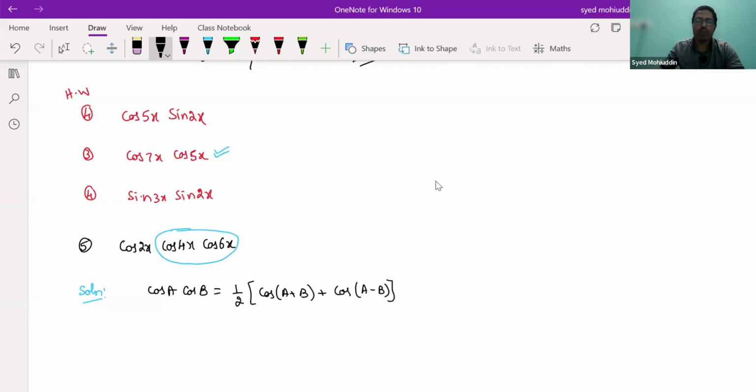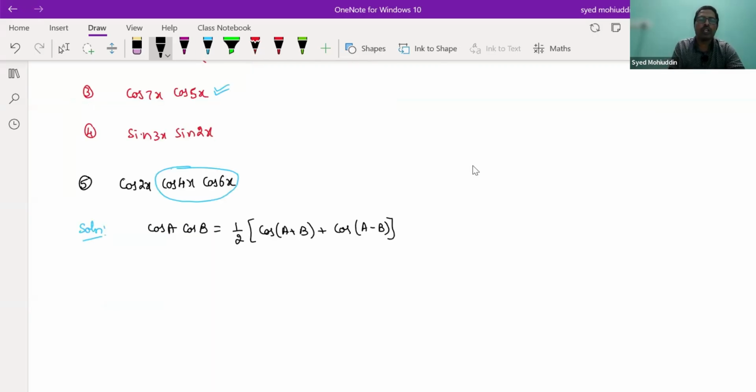But if you try to observe, in this case the value of A is 4x and the value of B is 6x. Therefore, here your value of A is 4x and your value of B is 6x.